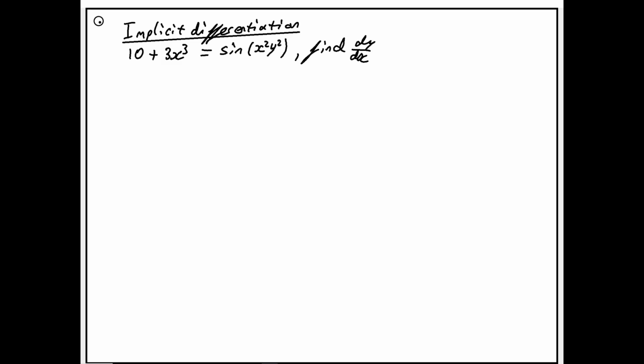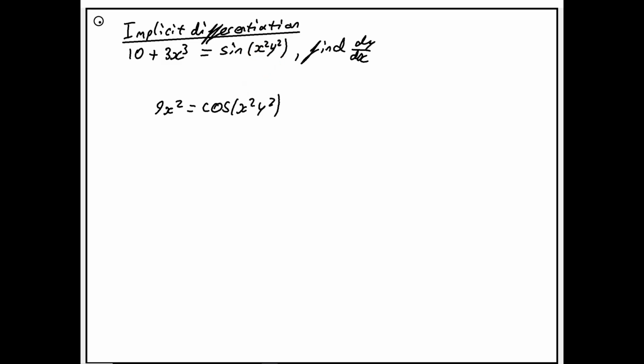Okay, so in this question we have a sine of x squared y squared to worry about. So let's just start it off. If we're going to differentiate the whole thing, we get rid of the constant 10, and we'll just differentiate this normally, 9x squared equals, now according to the chain rule, we differentiate the whole thing and then multiply by the differentiation of the inside of the bracket.